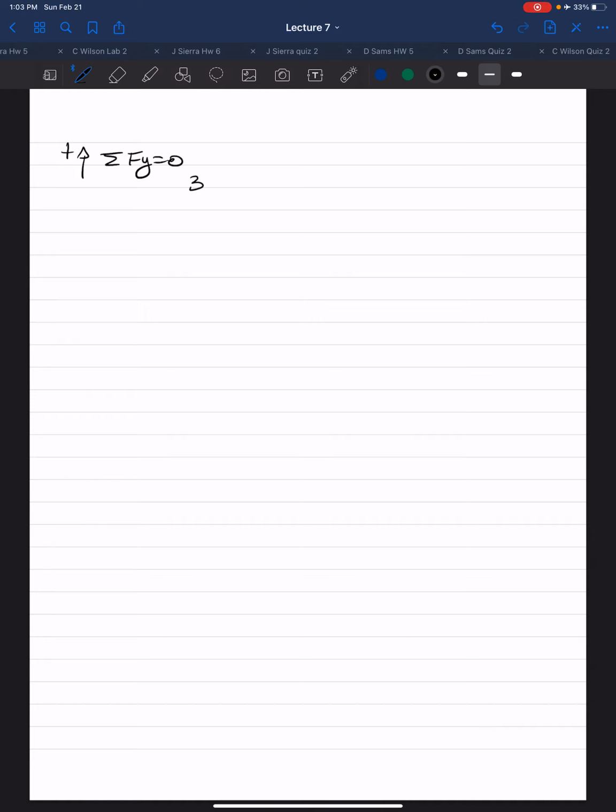You have your 30 kilopounds minus your 2x from your rectangular loading, minus your 1/2 x, 1/2 the base, times the height, which is 4/18 x, minus V equals 0. Rearrange this equation for V, which means plus V on both sides.